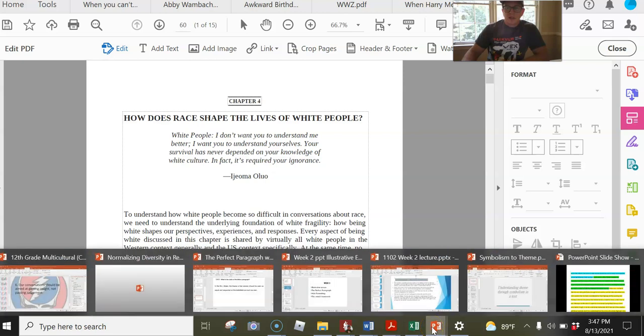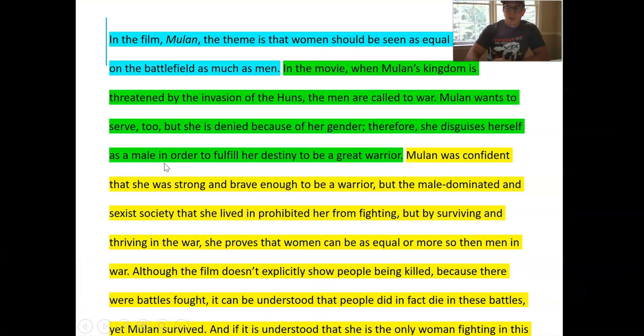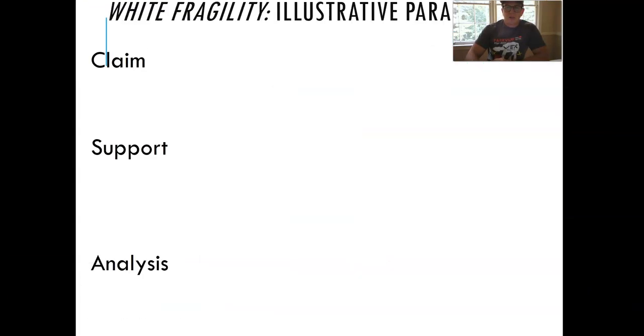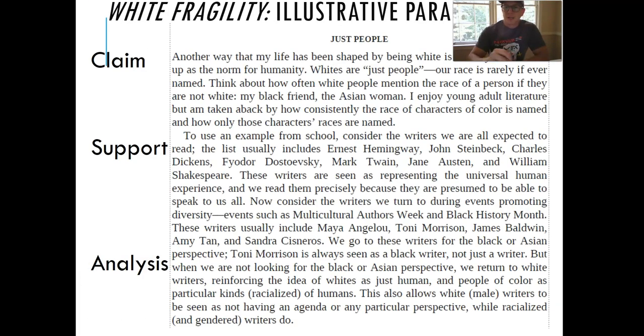So let's look at, I took a chunk from the section titled "Just People." We're going to see how she organizes her claim, how she provides some support, and then she provides analysis, explanation of why this matters. So here's her claim.